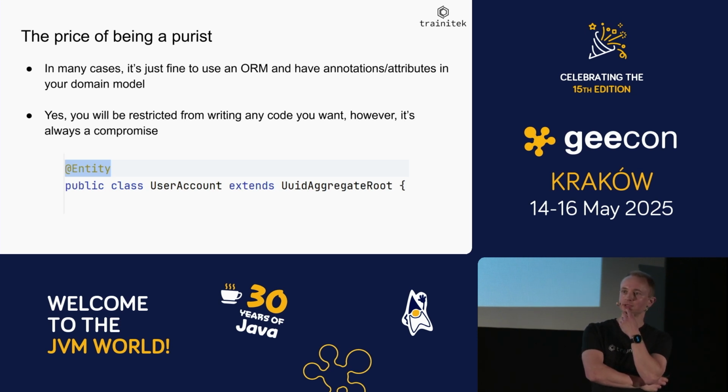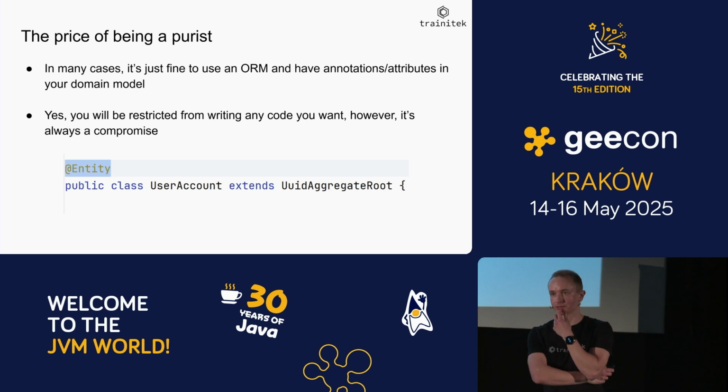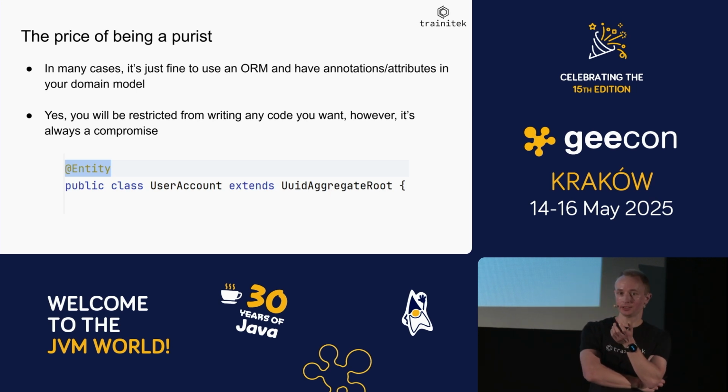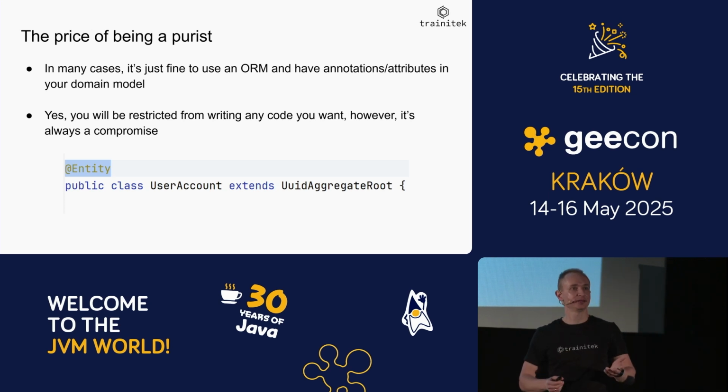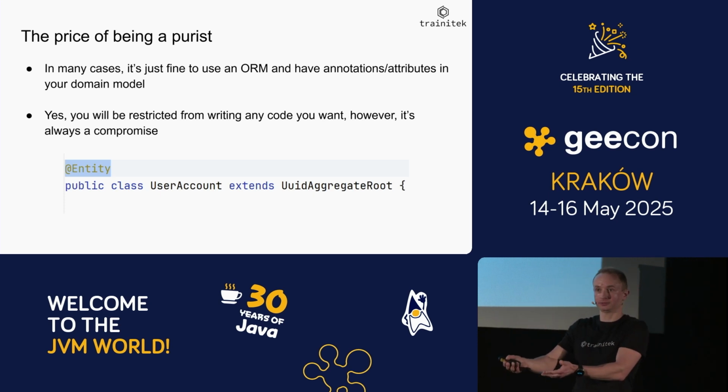It's infrastructure. You shouldn't do that. Why are you mixing infrastructure with the domain? And my answer is that sometimes it's just fine. You should just answer a simple question: does it help you or not? If it helps you, just use it.